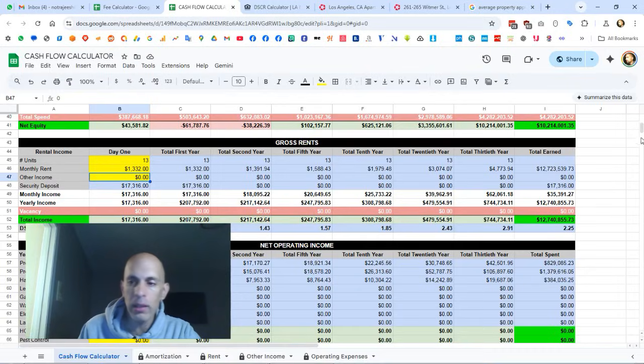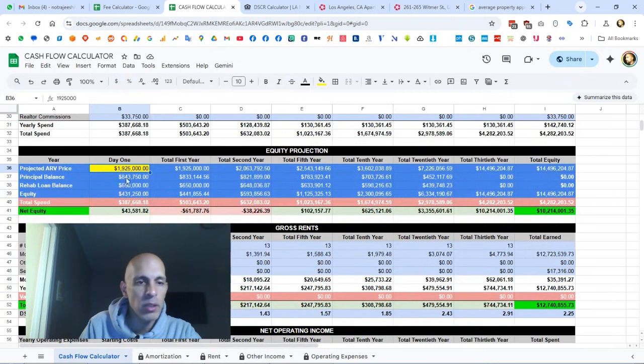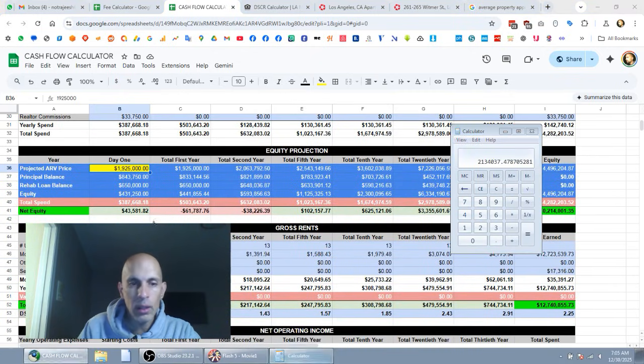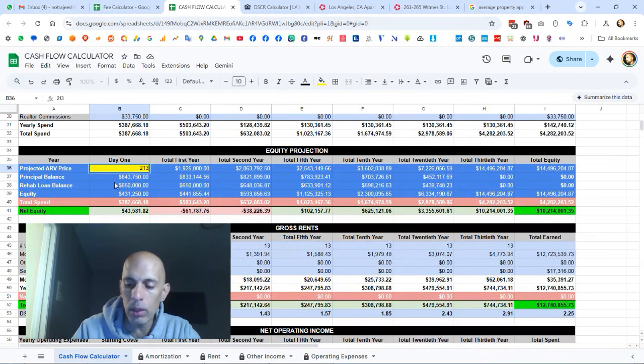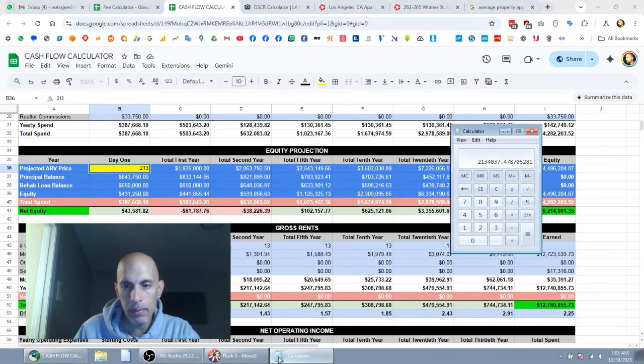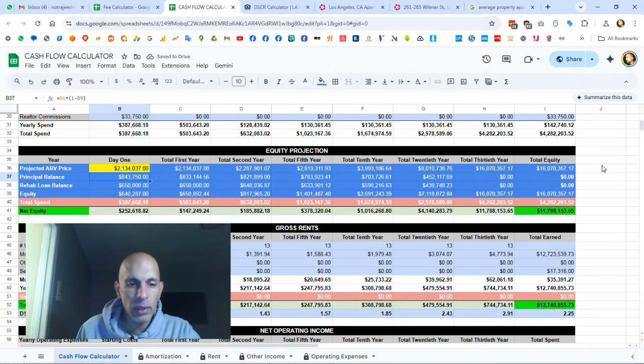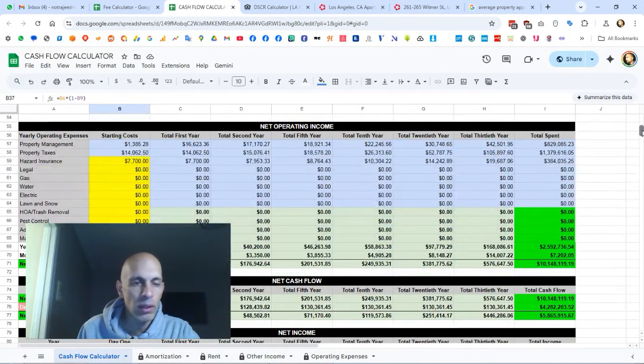So we can punch that into our projected ARV here: 2,134,037. So now that we have our new price, we can see what we walk away with in 30 years.